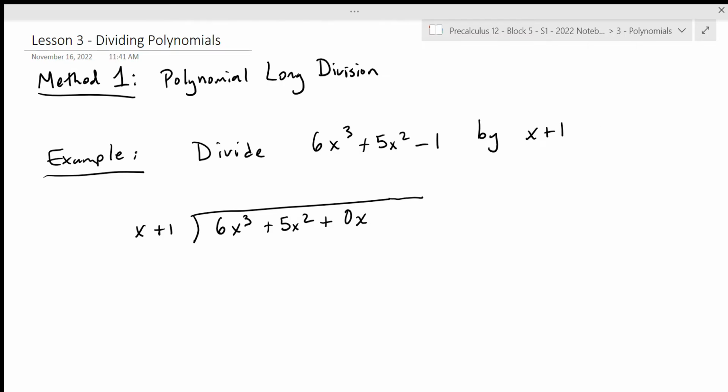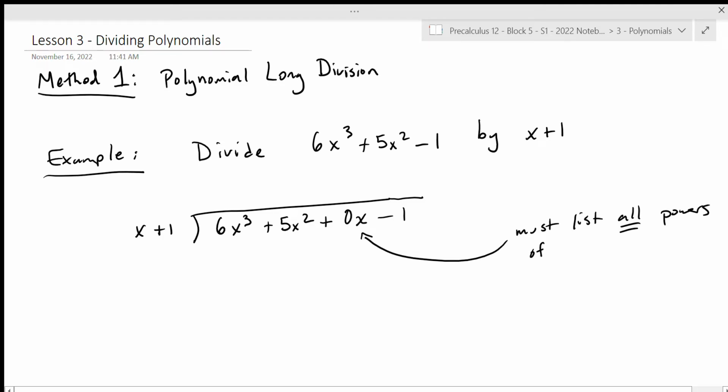We need to list all the powers of x, all the way to the constant. If there was no constant, we'd have to write plus 0 because we want to get a constant piece, and that's where we're going to end up.